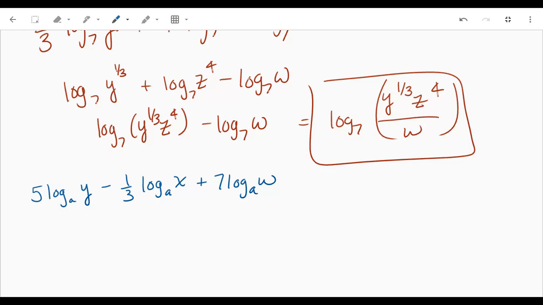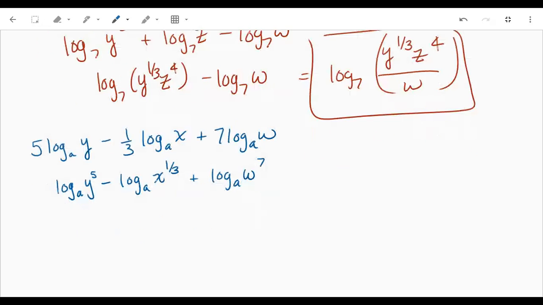Okay, so again, first step is pop those exponents up. Log base a of y to the 5th minus log base a of x to the 1/3, plus log base a of w to the 7th. All right, so now we do the first two together, and it's subtraction.